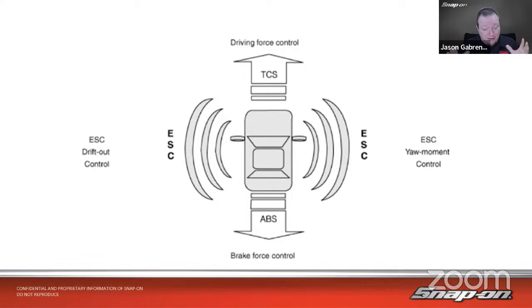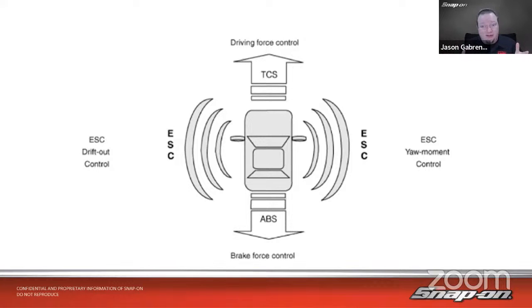Now, with the new systems, you're not necessarily even connected from the brake pedal to the master cylinder. It's all electronic at that point. So it's like brake by wire. We had drive by wire, now we have brake by wire. And that way, the ABS module, the hydraulic unit, and so on, can pump the brakes independently.